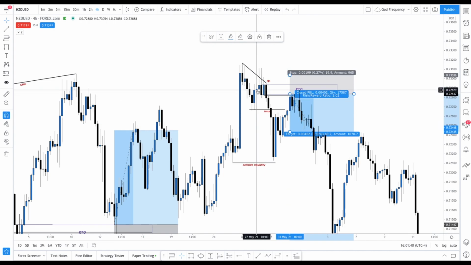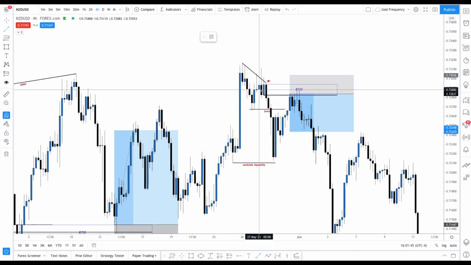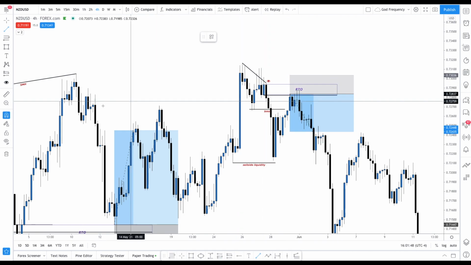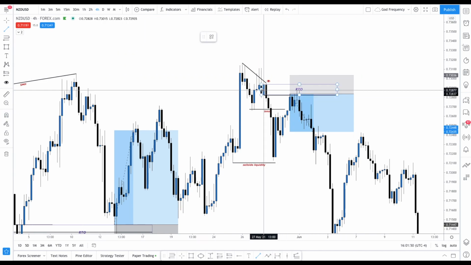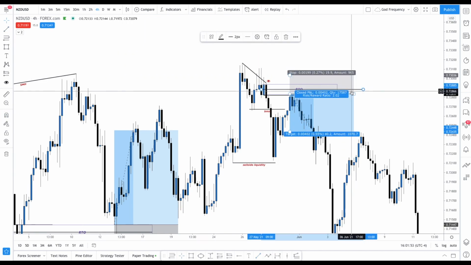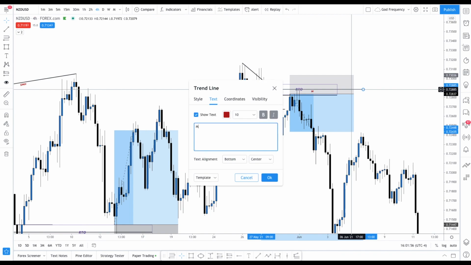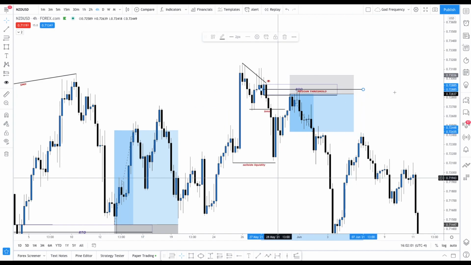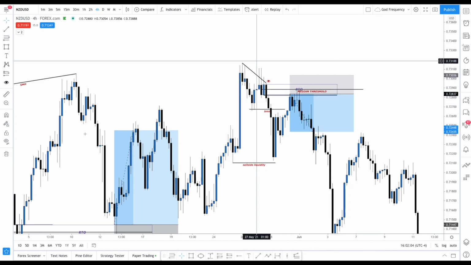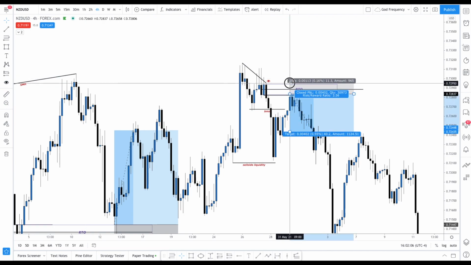Some you can put at the midpoint or that median threshold of the order block. So you got the median threshold right here, okay? As far as stop loss placement, you can put it a little bit above, because typically if it goes above that median threshold, then it's probably not going to be a valid order block.